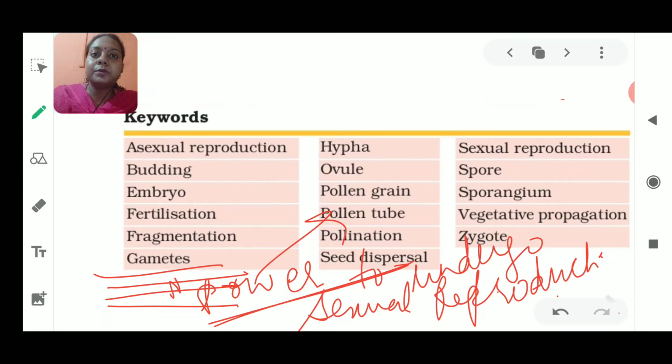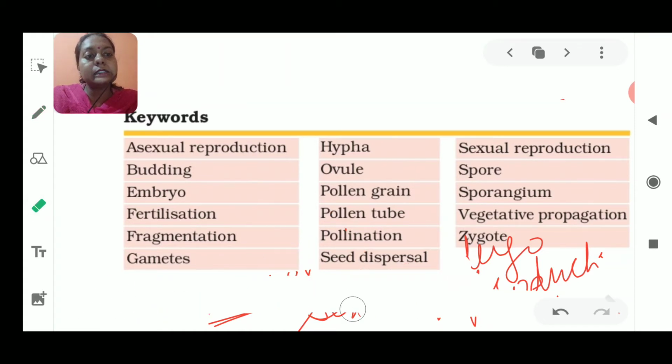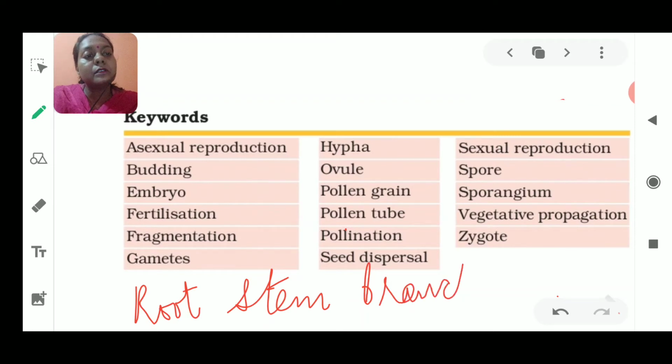So the next word which we have to see is the hyphae. Hypha is the structure which is present in the fungi. As you talk about a plant, we can say that the plant has a root, a stem, and branches. But what about lower plants such as fungi?